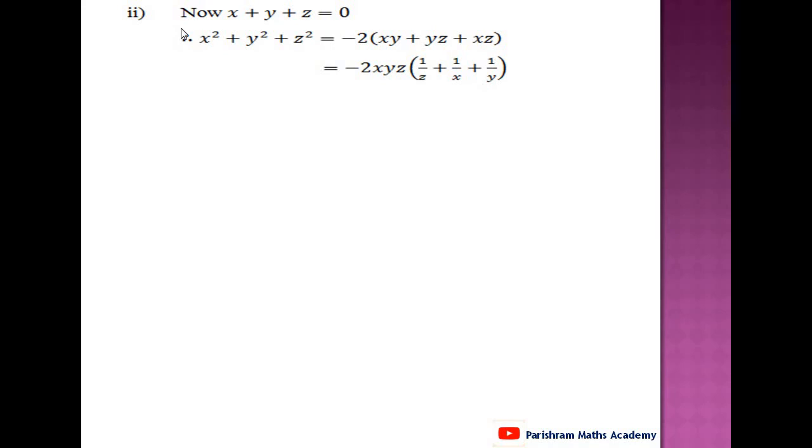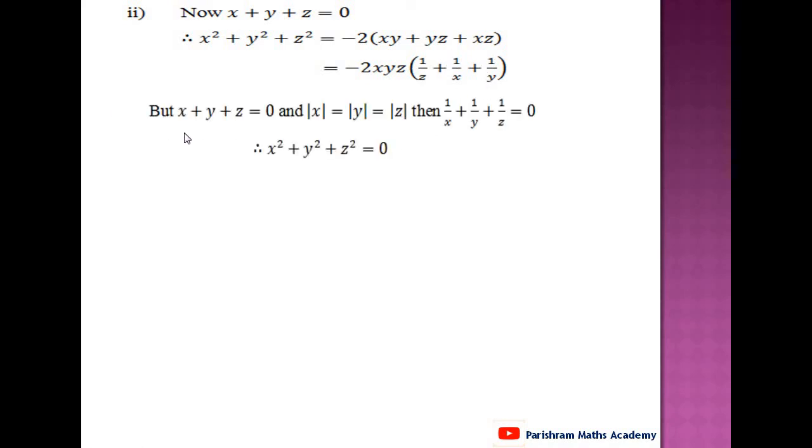Second result. Now, if x plus y plus z equal to 0, then x squared plus y squared plus z squared is the same as minus 2 times (xy plus yz plus zx). From this bracket we can take xyz as common. We get 1 upon z plus 1 upon x plus 1 upon y.